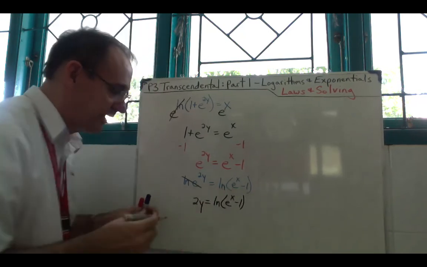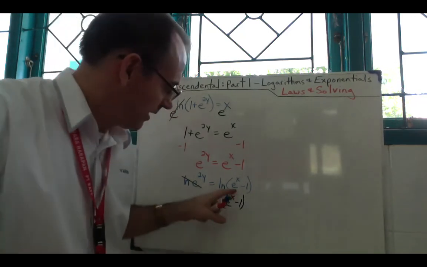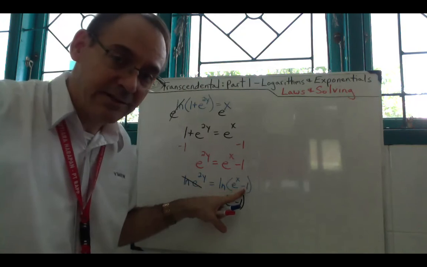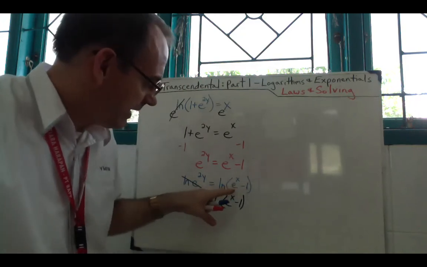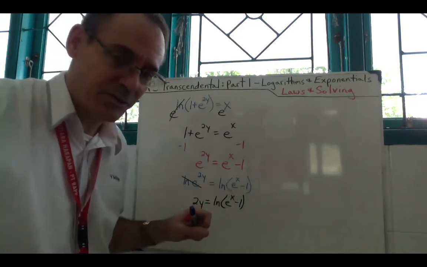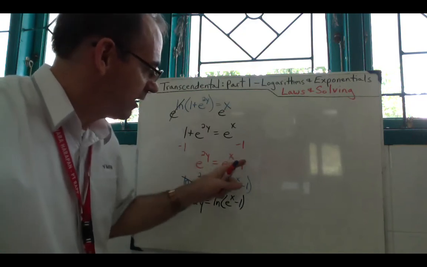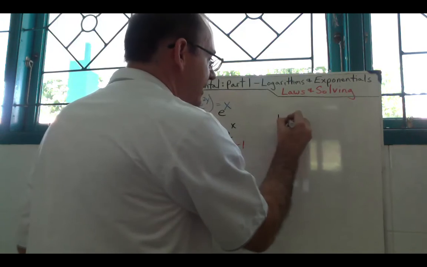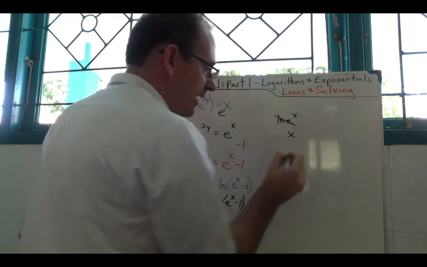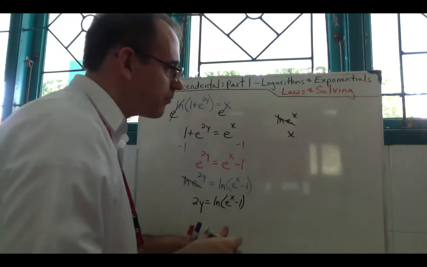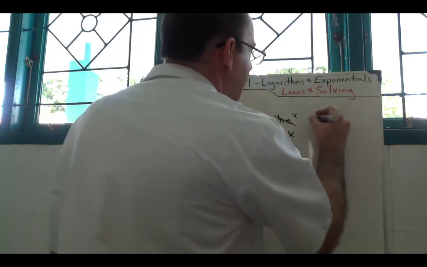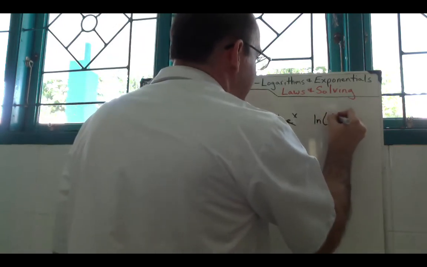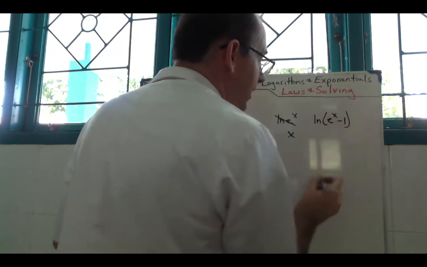This one doesn't cancel because of this minus 1. You have to ln the whole side. So notice if you were just taking ln of e to the x, that would cancel to give you the x. But we're taking ln of the whole side, ln of e to the x minus 1.